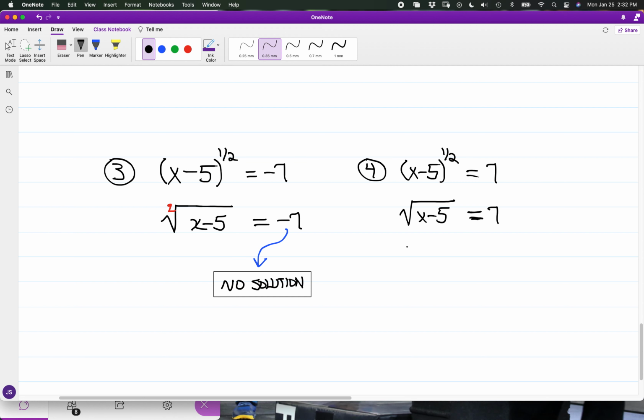So I can continue. So we have the square root of x minus 5. I can square both sides. And the square root of x minus 5 becomes x minus 5. And 7 squared becomes 49.